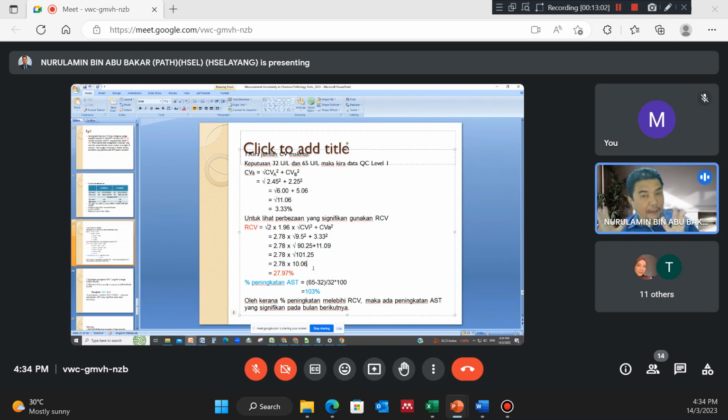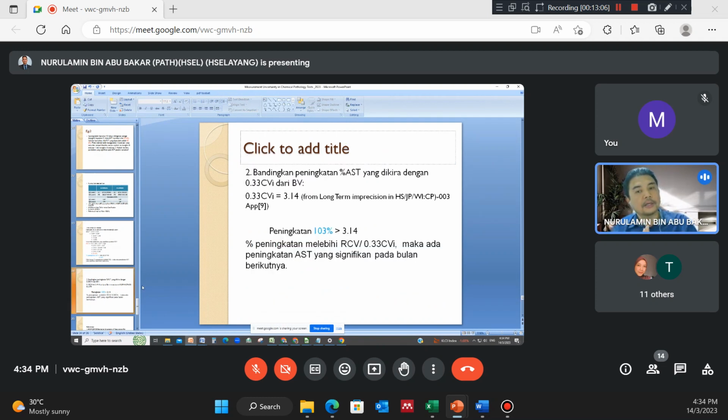I mean that I'm used to the RCV, but based on Puan Lela's concept, she compares with 0.33 CVI from the biological variation, because 0.33 CVI equals 3.14, an increase of 103 being more than 3.4. For me this is a bit confusing if we compare with 0.33 CVI. Why this concept of 0.33 CVI?